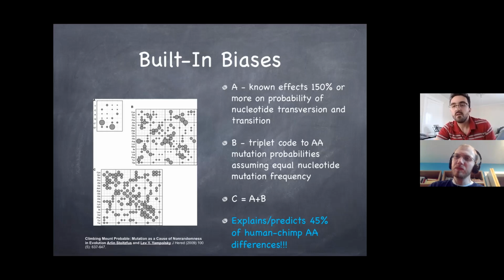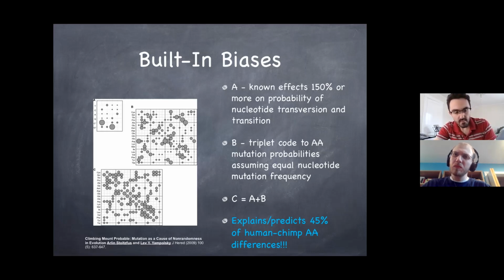We know this from decades of genetic studies, in vitro and in vivo, that there's definitely a bias. So purine to pyrimidine transversions are more likely than A becoming G or C becoming T. It's more likely that A becomes C or G becomes T.